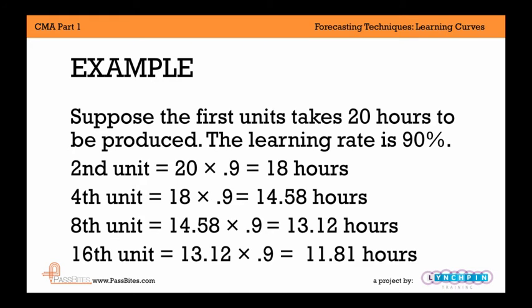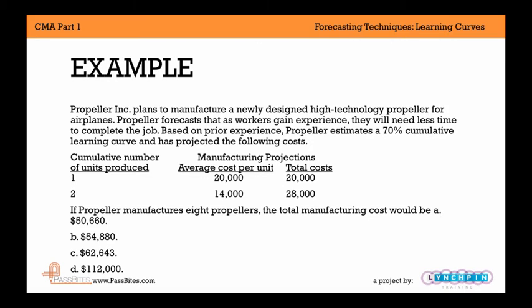So if you do a question here, let's say Propeller Incorporation plans to manufacture a newly designed high technology propeller for airplanes, and Propeller forecasts that as workers gain experience, they will need less time to complete the job. Based on prior experience, Propeller estimates a 70% cumulative learning curve and has projected the following cost.